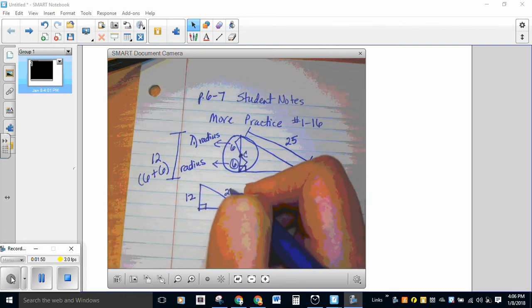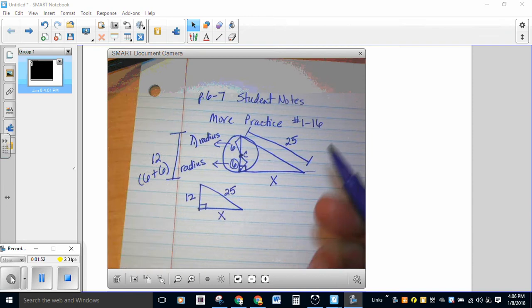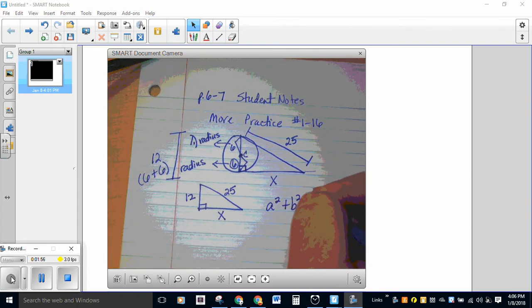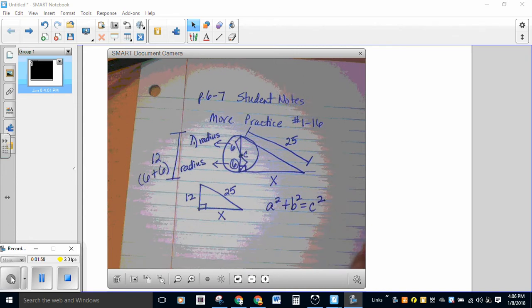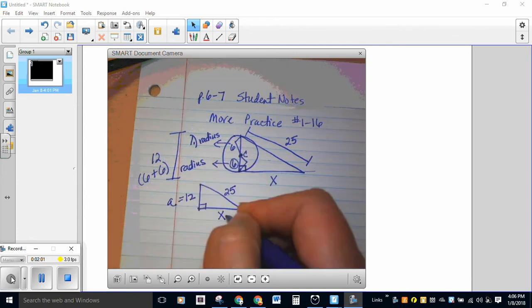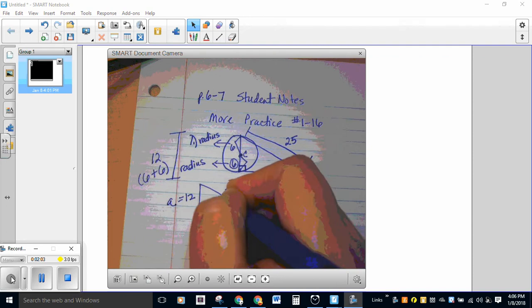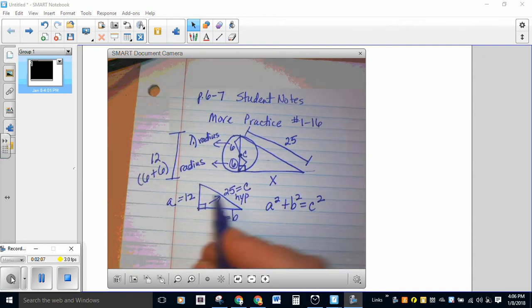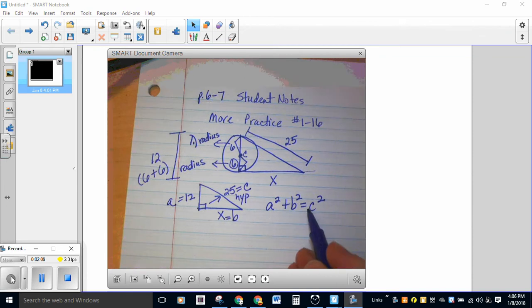This side's 25, and this is the side we're asked to find. The Pythagorean theorem states that a squared plus b squared equals c squared. So a is 12, b is x, and across from the right angle is c, which is the hypotenuse. Plug these numbers into this formula and solve for x.